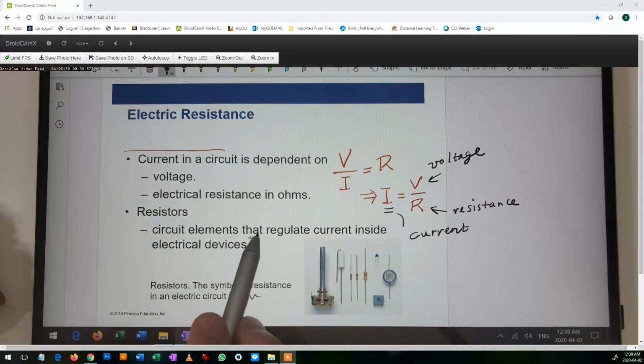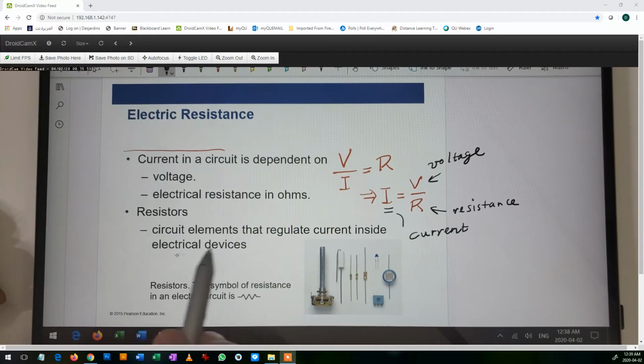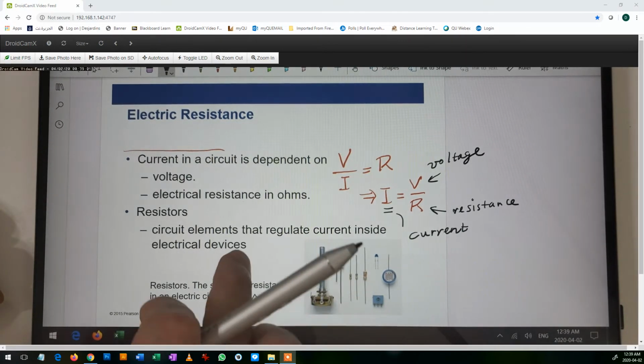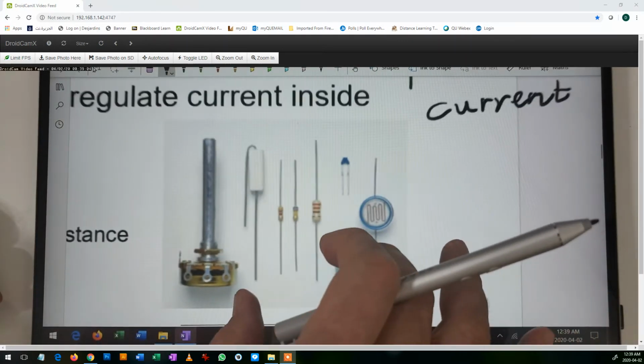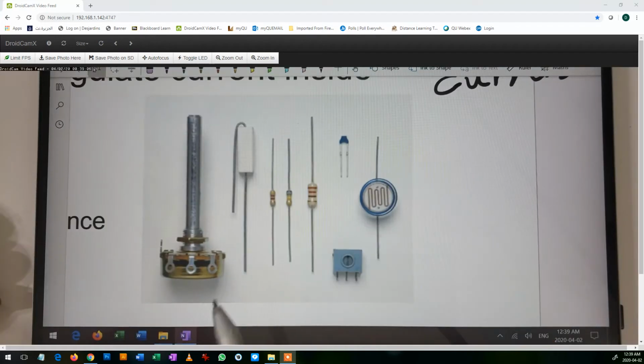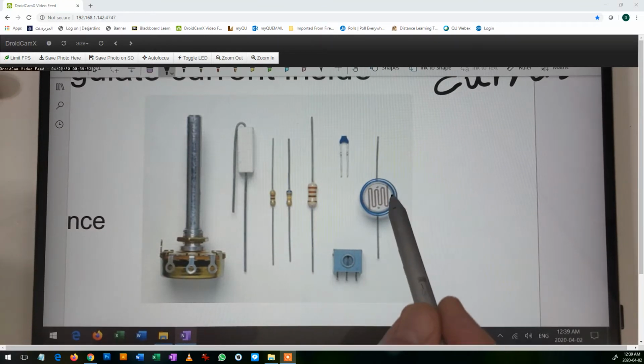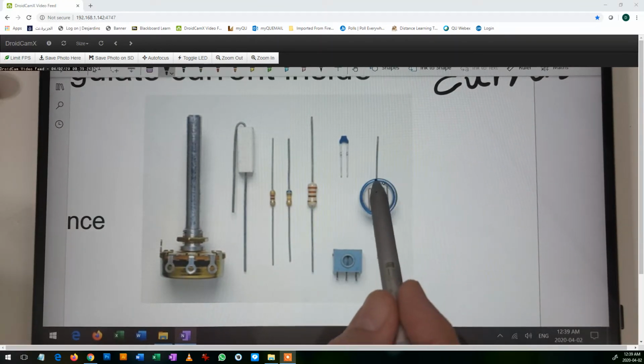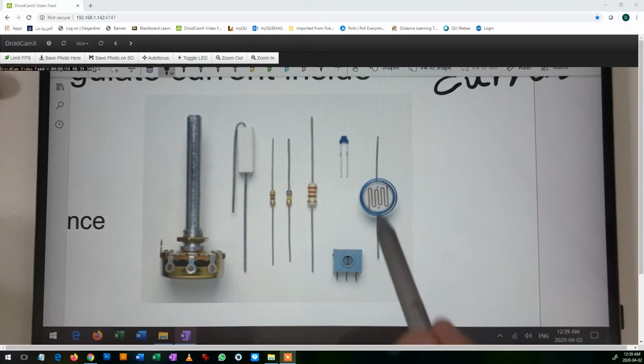Circuit elements that regulate current inside electrical devices. هاي الرسمة خليني أكبر لكم إياها شوي. هذه يعني لو فتحنا أي جهاز إلكترونيك هنلاقي resistance إما بهذا الشكل أو هذا أو هذا، أو تكون integrated on the circuit board. هاي على فكرة خلية كهروضوئية، هاي بيسقط الضوء هون فبتمرر التيار الكهربائي.